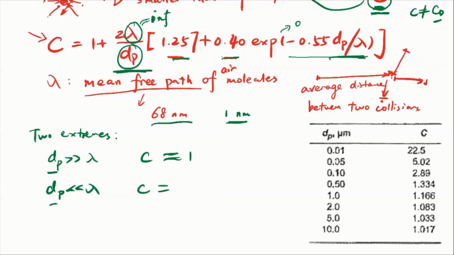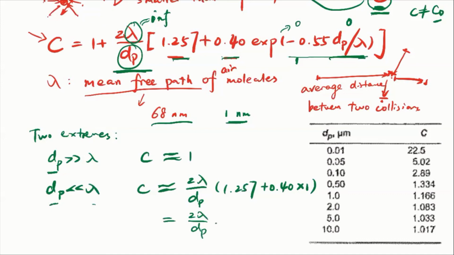In this term, dp divided by lambda is just 0, since dp is much smaller than lambda. So exponential of 0 is equal to 1. So this whole term will almost equal 2 lambda over dp multiplied by 1.257 plus 0.40 multiplied by 1. So that's going to be 2 lambda over dp multiplied by 1.657.